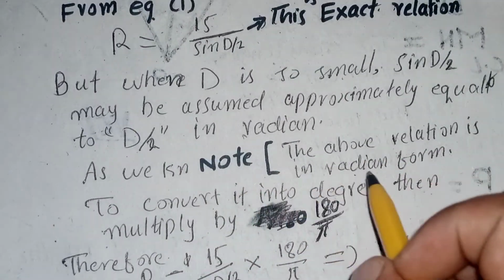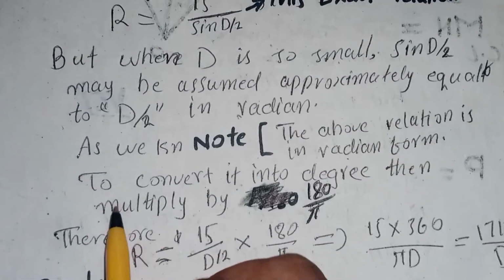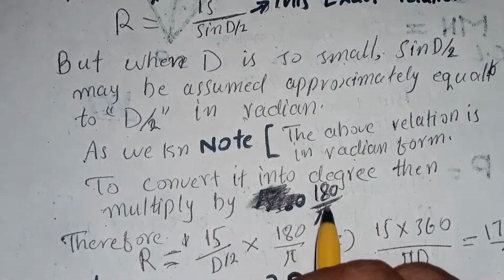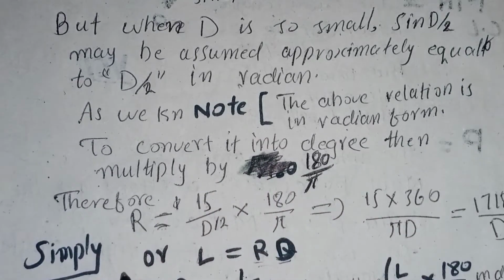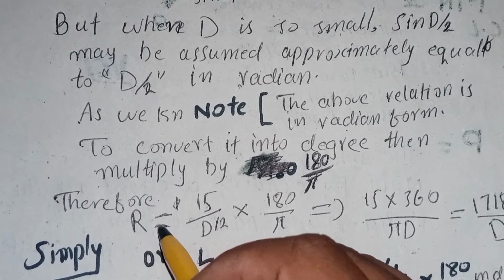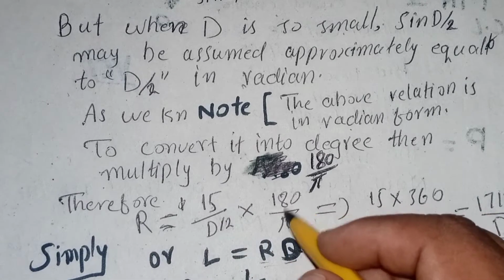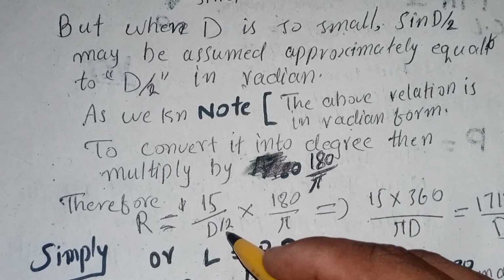As this relation is in radian form, we convert it into degree by multiplying by 180 by pi. Therefore R is equal to 15 divided by D by 2 multiplied by 180 divided by pi.